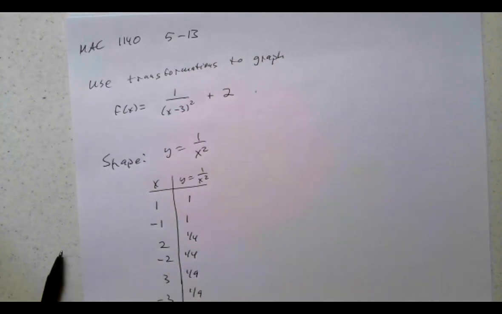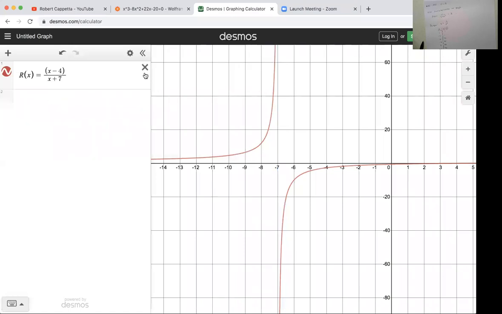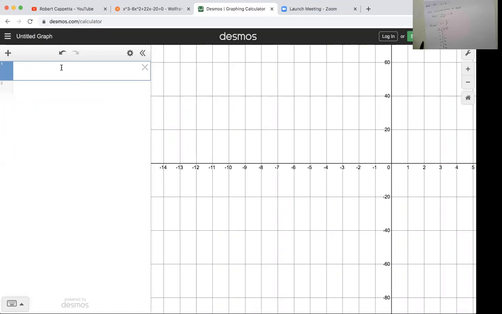So let's jump to Desmos. Let's put those points on there. To Desmos we go. So let's go ahead and put those points on. So this is for the shape.